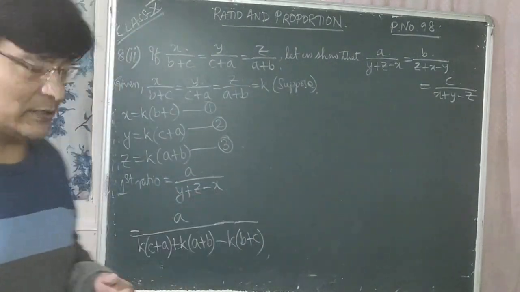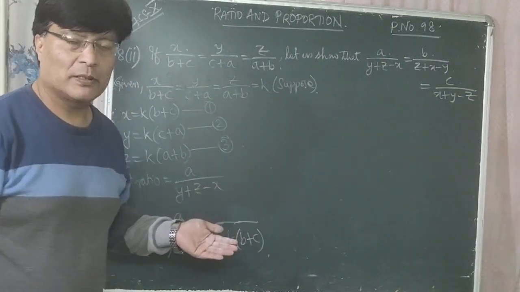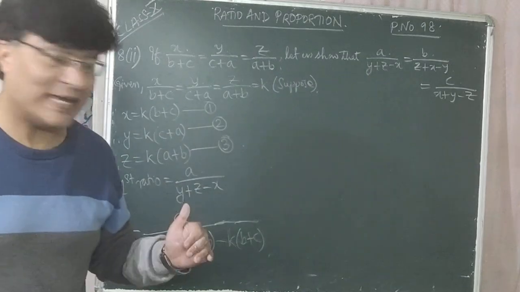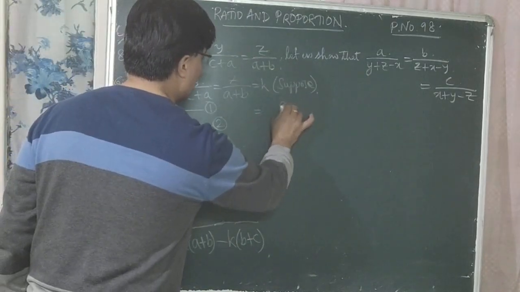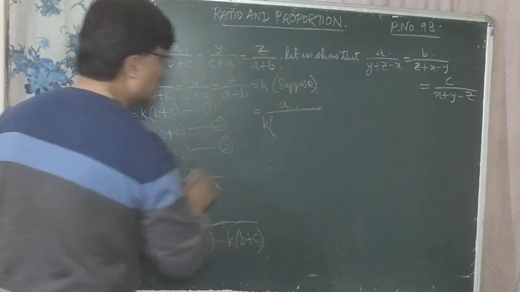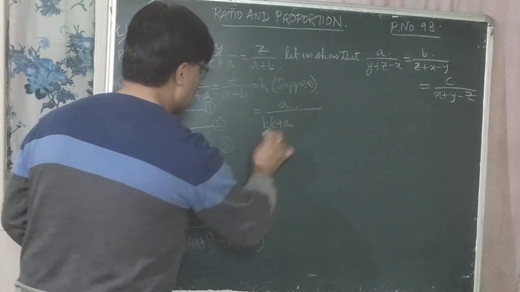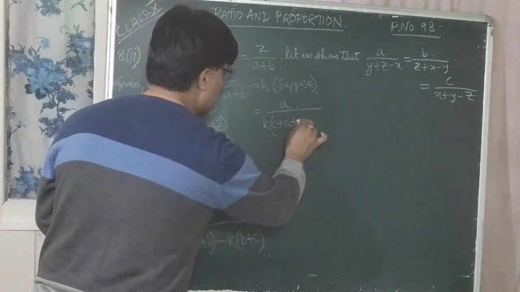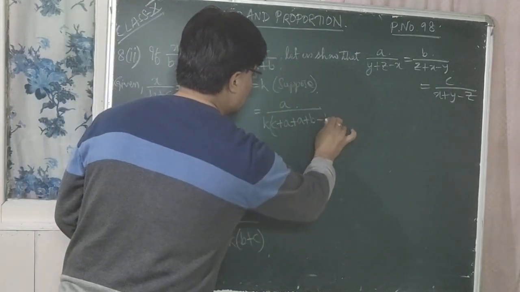So let us simplify it. So numerator remains same here, and you can take common k from the denominator, right? So is equal to a upon, so it is k is taken common. What do we get within bracket? It is c plus a plus a plus b plus a plus b, then minus b minus c, minus b minus c.